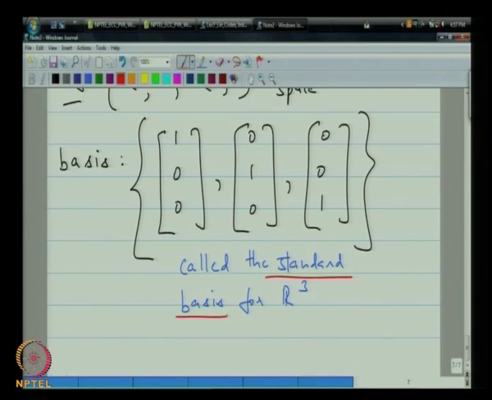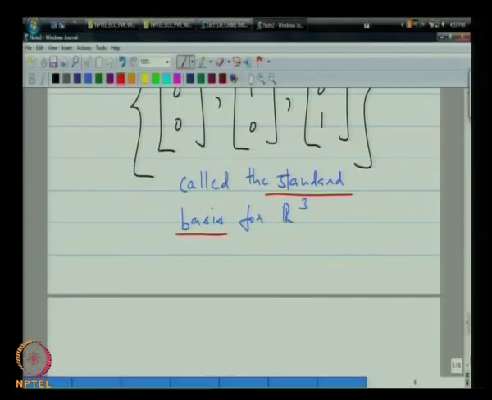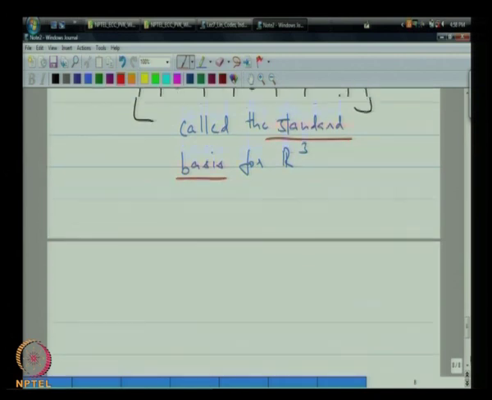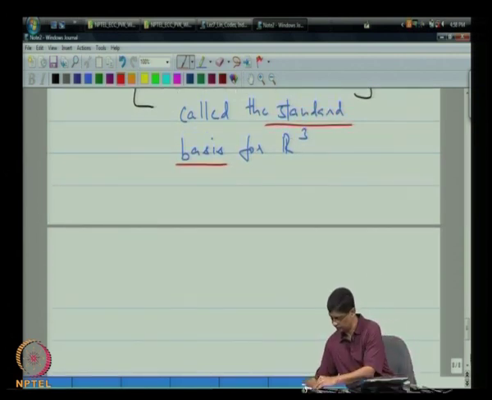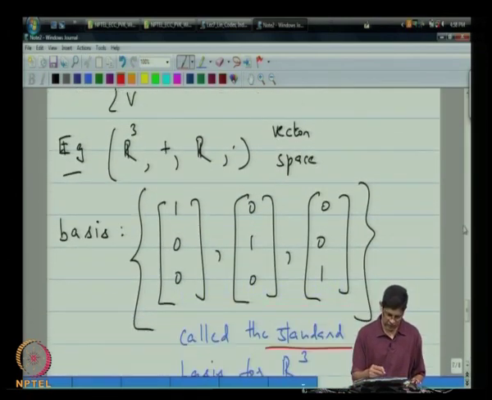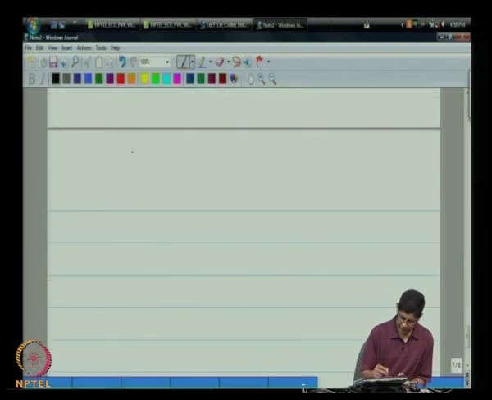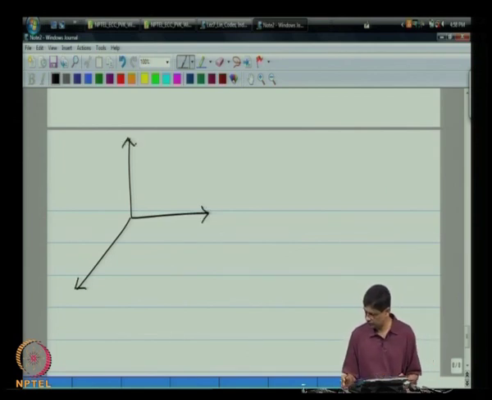And of course, as you might imagine, there exist standard bases for other higher dimensional spaces Rn as well. Now, of course, this vector space is nothing but our familiar 3-dimensional Euclidean space. So, we can attach geometry to this.